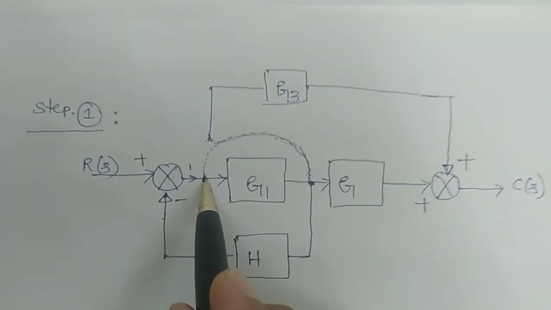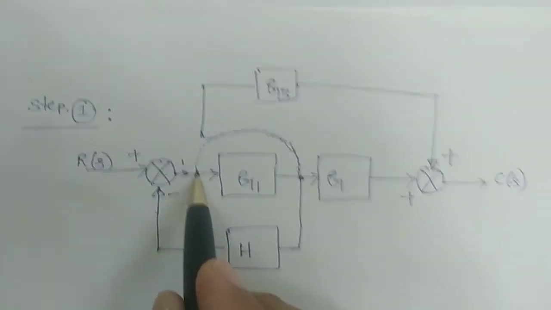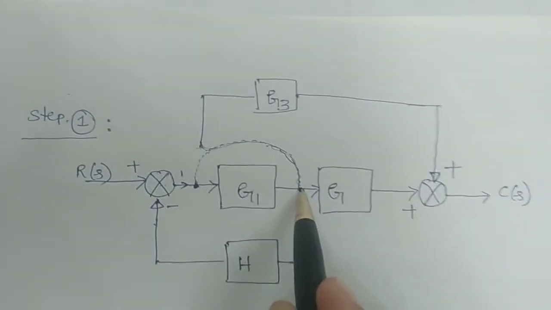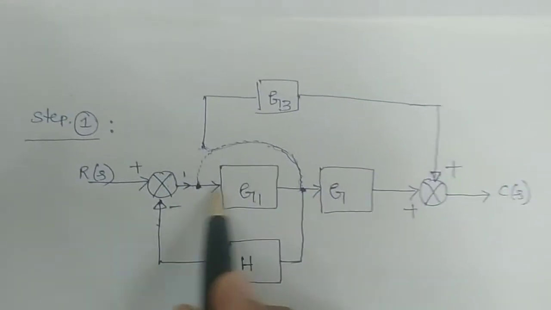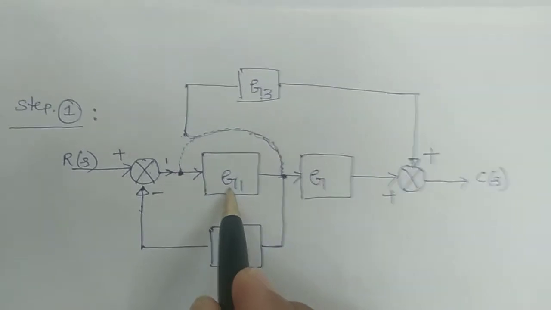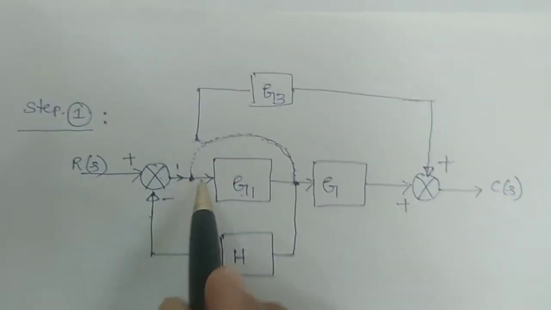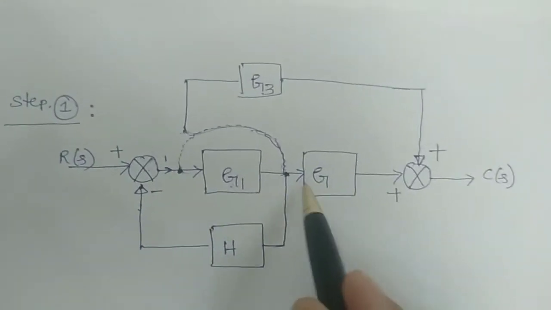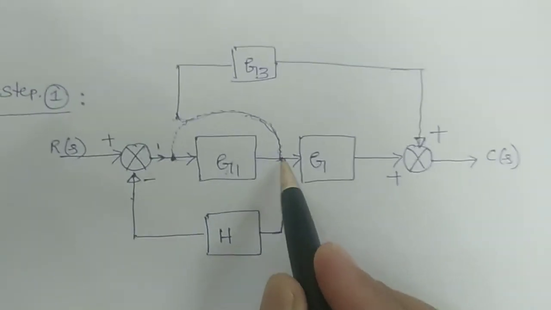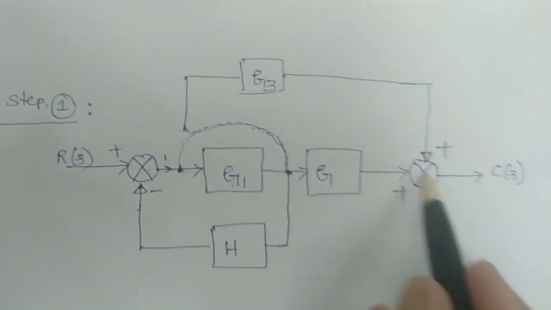And from this takeoff point to this other takeoff point, in between is a straight line again, but the gain is G1. Here the gain is 1, here the gain is G1. Similarly, this is the takeoff point, and the other end of the block is the summer.